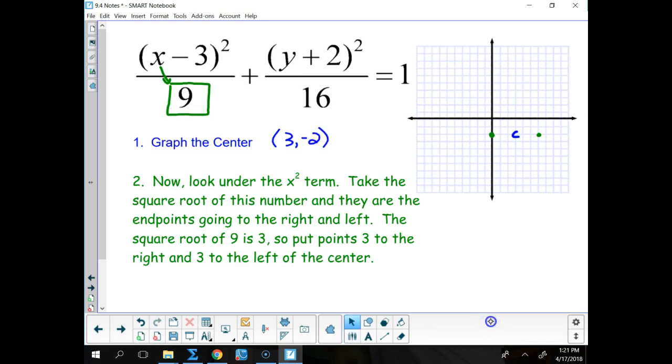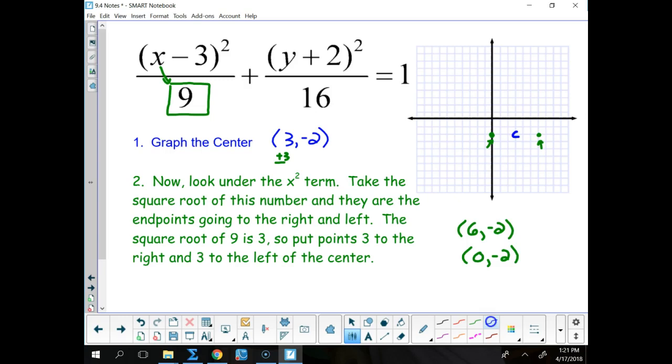So if I plus or minus 3 to that x part, because it's underneath the x, 3 plus 3 is 6, so that would be at the point 6 comma negative 2, which is that one. And 3 minus 3 would be at 0 comma negative 2, which would be at that one. Okay?